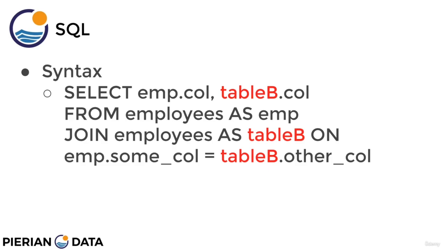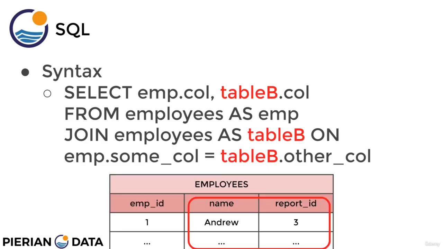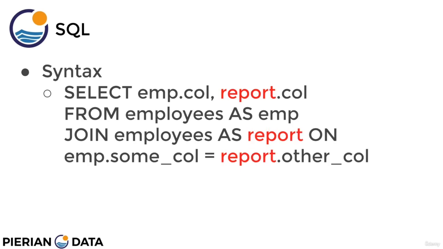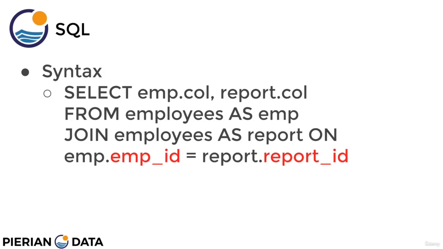So for table B alias, I'll go ahead and label that, thinking of it as based off the report ID. So I'll label that as report. Then I need to decide what column am I going to join this on. Well, recall that the employee underscore ID column corresponds with the report ID column. The report ID column was just representing the employee ID number.